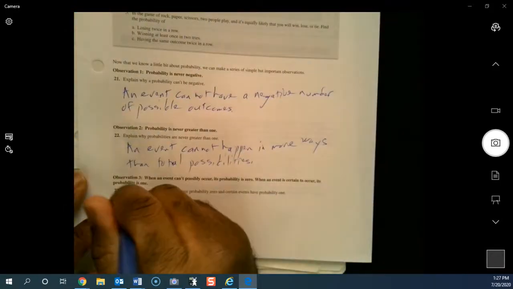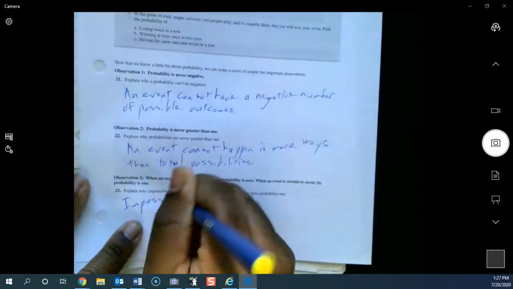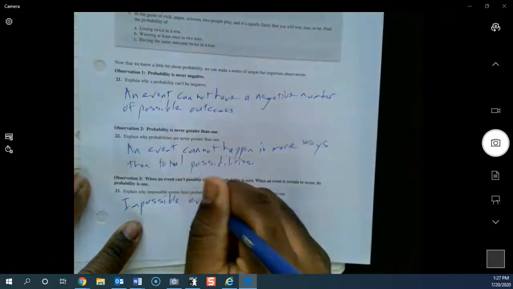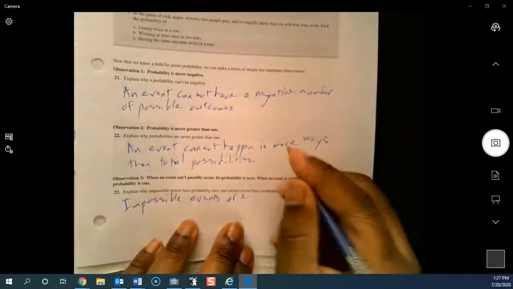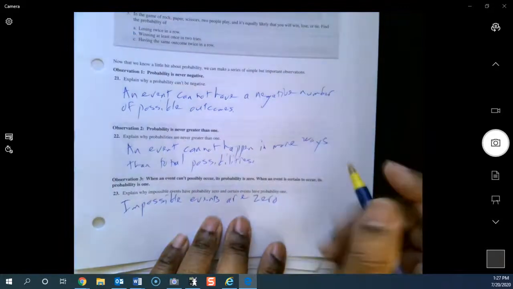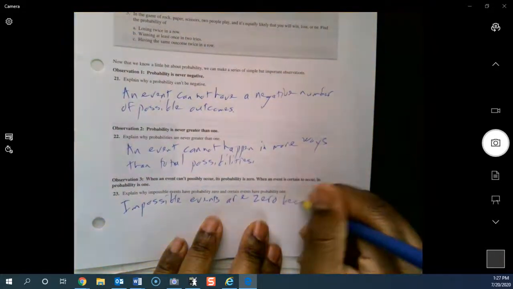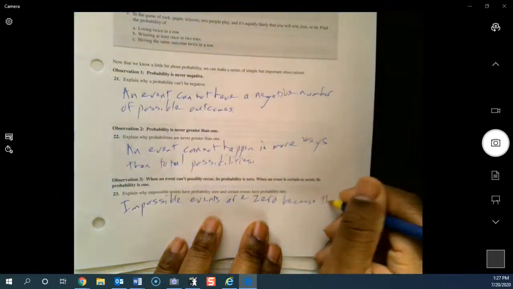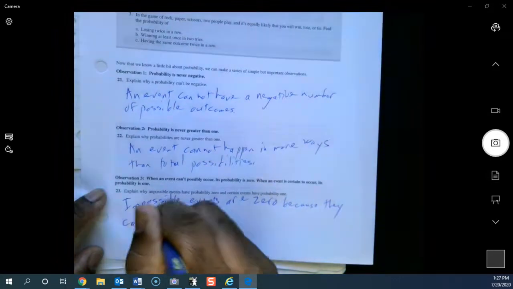Now, impossible events are 0 because they cannot occur.